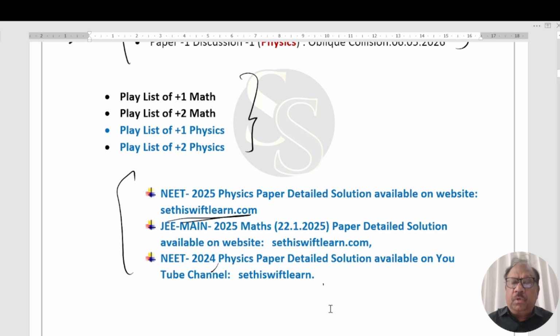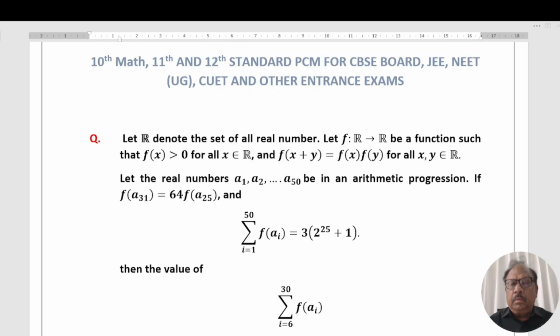Now let's start with the question. The question is: let R denote the set of all real numbers and let f from R to R be a function such that f(x) is greater than 0 for all x belonging to R, and f(x plus y) equals f(x) into f(y) for all x and y belonging to R. Let the real numbers a1, a2, up to a50 be in log AP.